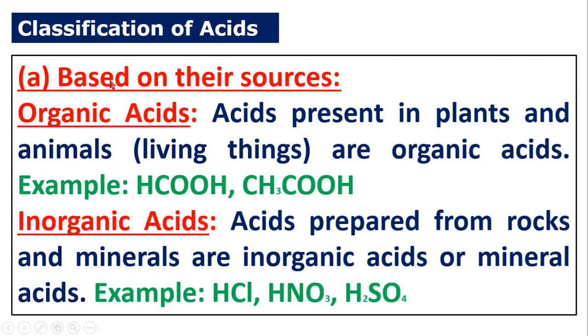Classification of acids. The first one, A. Based on their sources, it is classified into organic acids and inorganic acids. Acids present in plants and animals, that is living things, are called organic acids. For example, formic acid, HCOOH, acetic acid, CH3COOH.